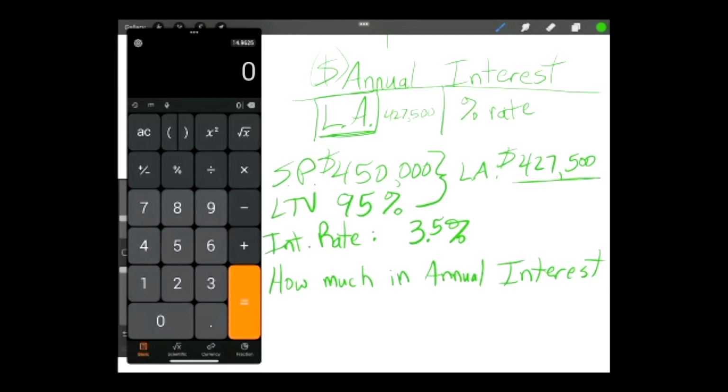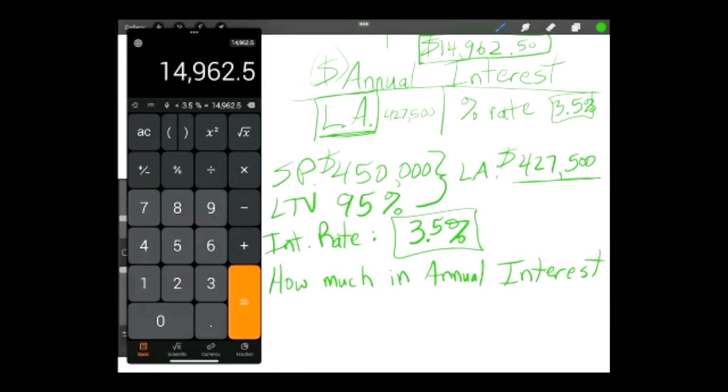And the interest rate is what they gave us in the problem, 3.5%. And then we just multiply those two numbers together, 427.5 times the 3.5%. And there it is. It's the number 14,962.50.